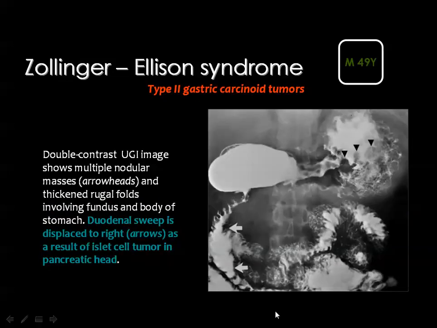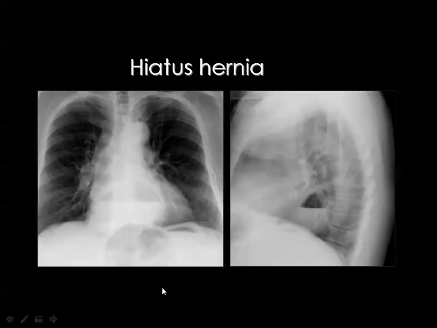And this is an example of Zollinger-Ellison syndrome with a hypertrophied nodular appearance of the gastric mucosa, and also you can see that the duodenal curve is markedly widened and compressed, suggesting that there should be a mass in the pancreatic head, which represents this gastrinoma, and the combination of this and this is indicative of this syndrome.